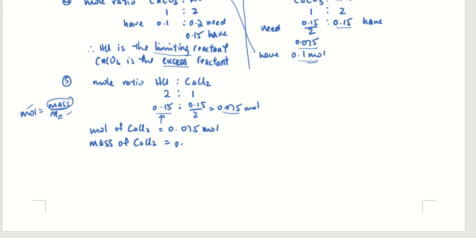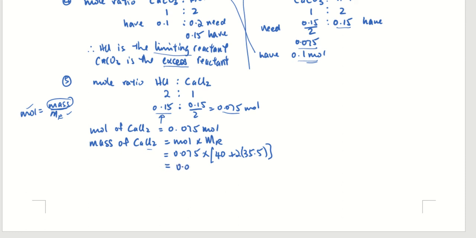So mole is 0.075. Okay, perhaps it might be more instructive if I were to write down the formula. So let's write down the formula here. Mass of calcium chloride will be given by mole times Mr. Mole is 0.075 times Mr of calcium chloride. So Mr of calcium chloride, calcium is 40, chlorine is 35.5, and we multiply that by 2 because there's 2 of chlorine in calcium chloride.